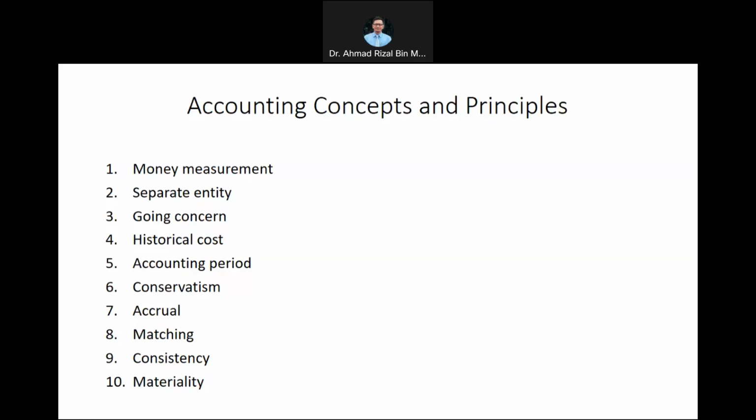But at the end of the day, it is the common sense and also the expert judgment of the accountant that come into play. Those are the basic, or the main, accounting concepts and principles. Later on, we look at some examples of how these concepts and principles are applied and being reported, or described, in the annual report of a company.